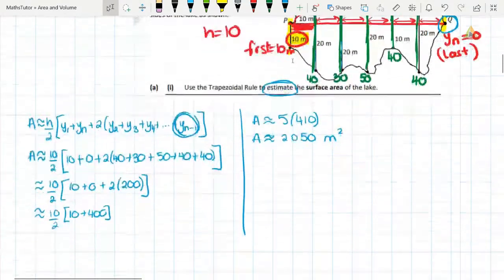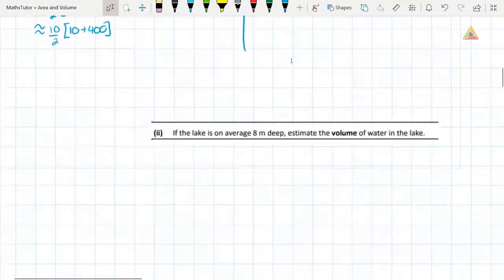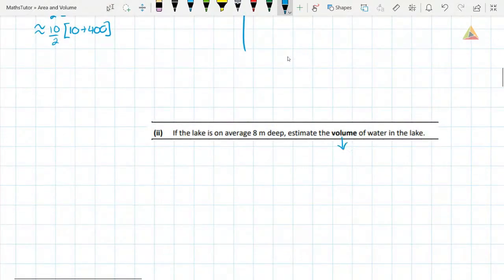And now we're being asked, well, what is the volume of water in the lake going to be? So the volume is always going to be how much space something takes up. So it's always going to be the area multiplied by the height or the depth. So in this case, we have our area.